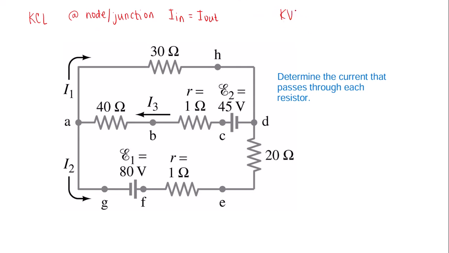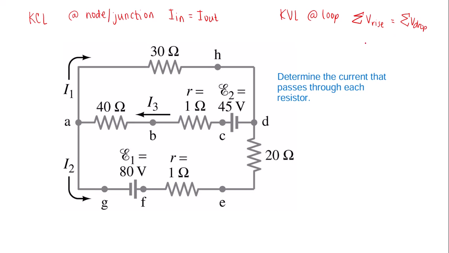Then we have the voltage law. We have a certain loop that we assign in the circuit, and the summation of the voltages causing a rise should be equal to the summation of the voltages causing a drop. In other words, the summation of voltages will be equal to 0.